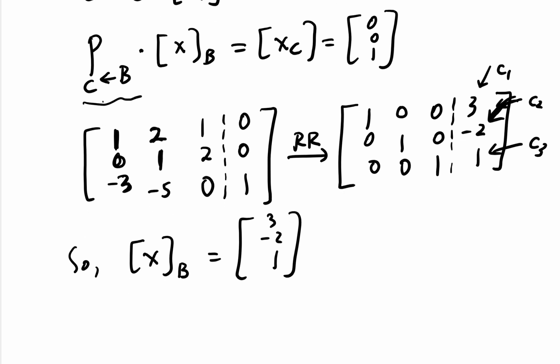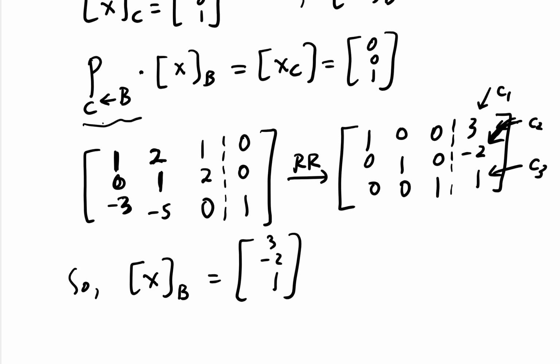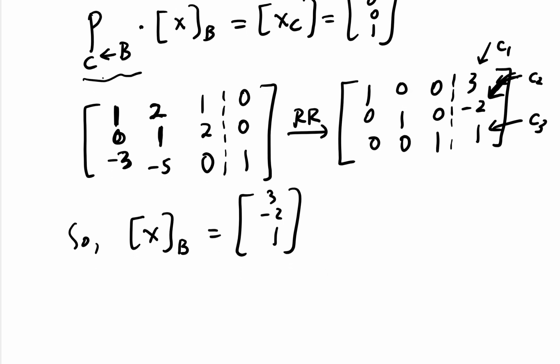And how does that help us? Then we can write t squared. Remember, we need to write it as a linear combination of the basis B. Remember what we had before.